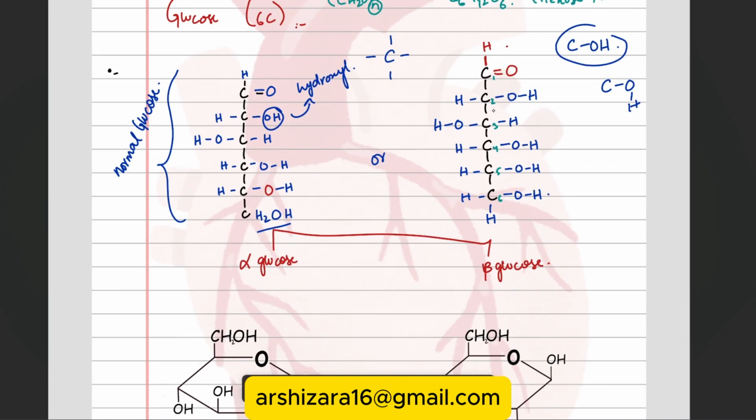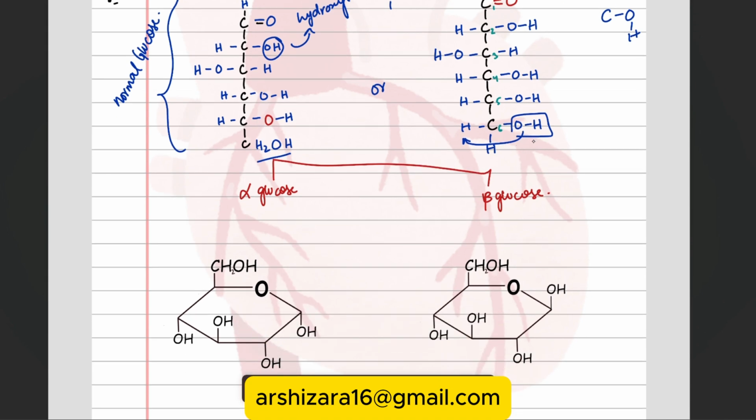The positioning of the OH and the H is not random over here. The positioning matters. If you switch this OH, it will be a different molecule. So you need to make sure that the OH and the H's are in their precise location.